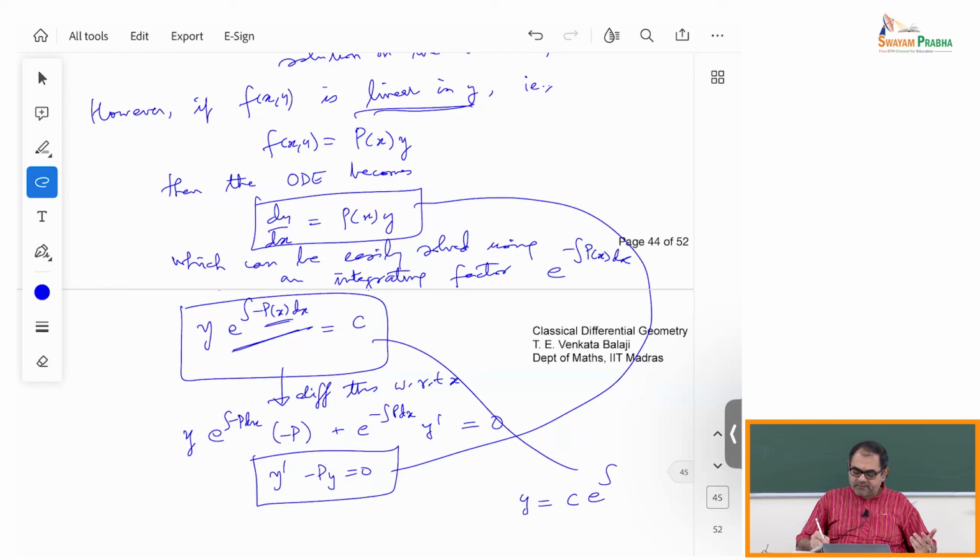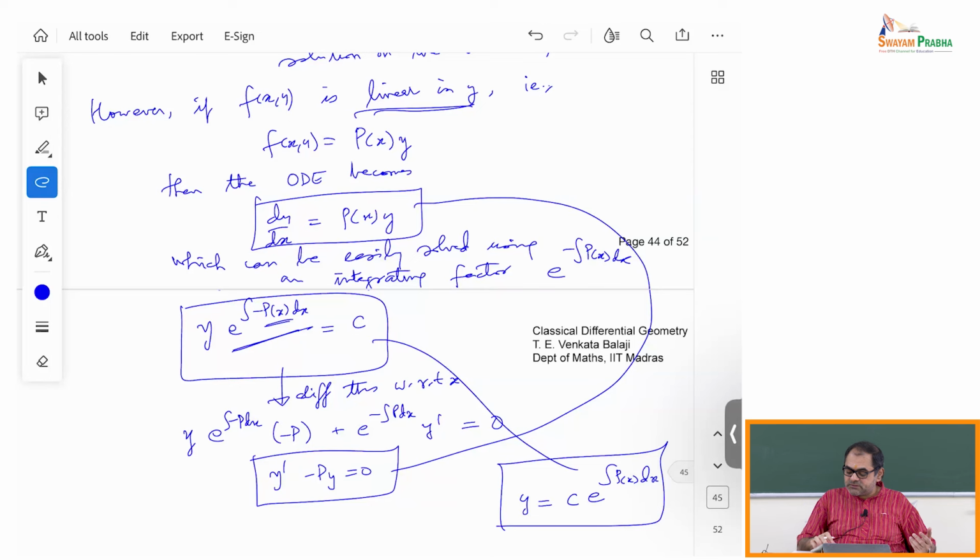The function p(x) is already given on an open interval, and it is continuous. Because it is continuous, integral of minus p(x) dx makes sense, and the exponential of that also makes sense. It tells you that the solution is y equal to c e power integral p(x) dx. You get the solution immediately.